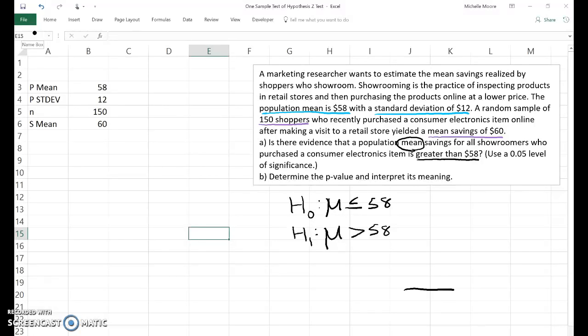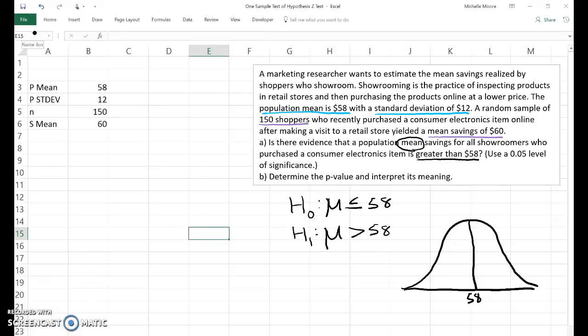So I'm going to go ahead and draw our normal curve right here, best that I can. Now in the middle of our normal curve is 58, because that's our mean. And what we want to know is it greater than 58? First you need to determine, is this a one or a two-tailed test? A two-tailed test has an equal sign and a not equals sign in the alternate.